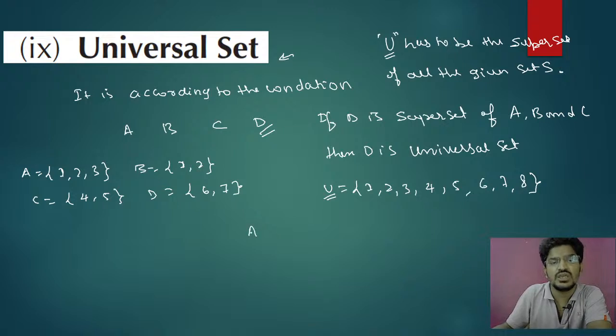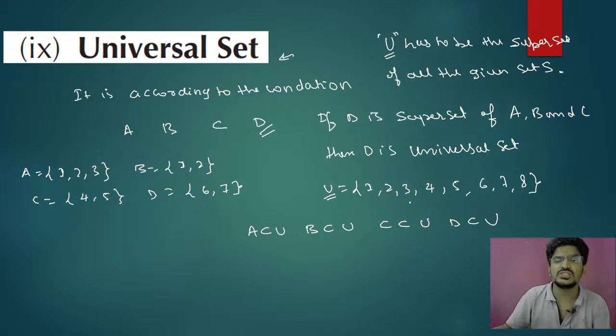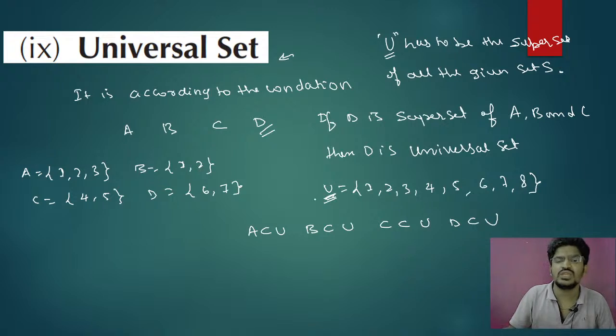That means A is a subset of U, B is a subset of U, C is a subset of U, D is a subset of U. So according to this condition, U is called the universal set for this particular condition.